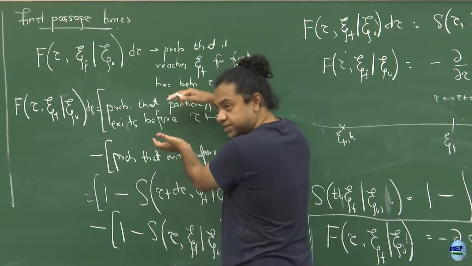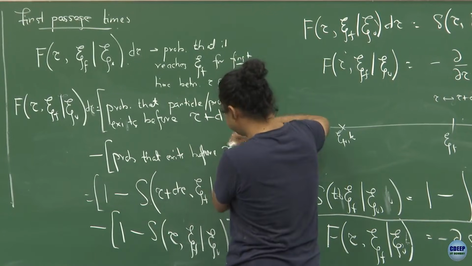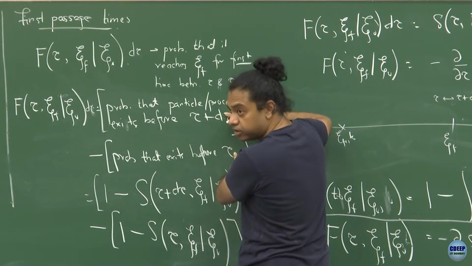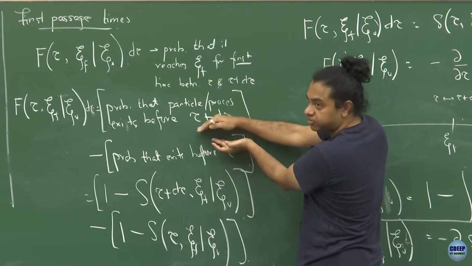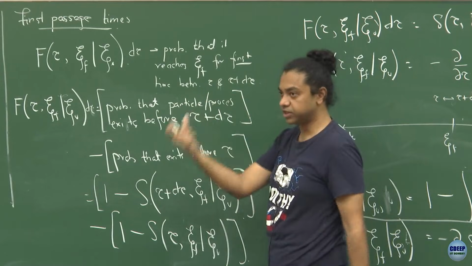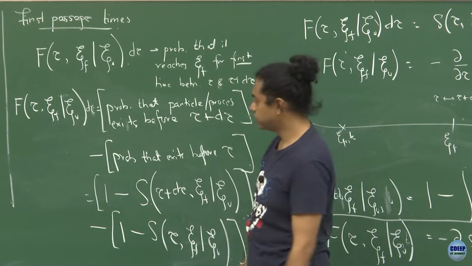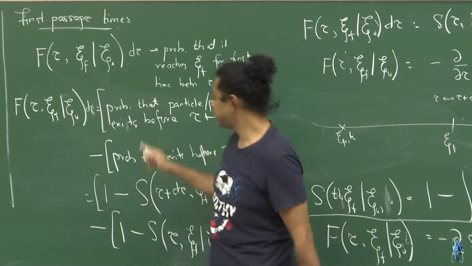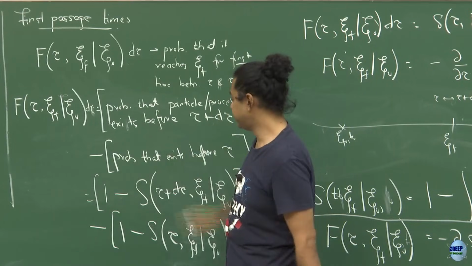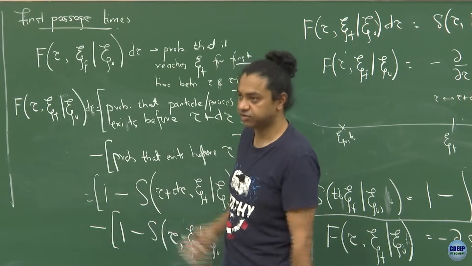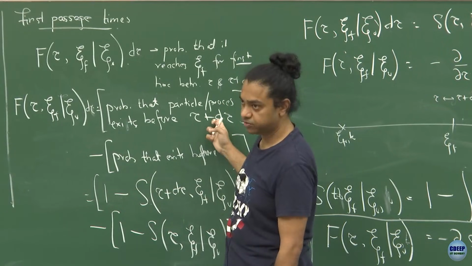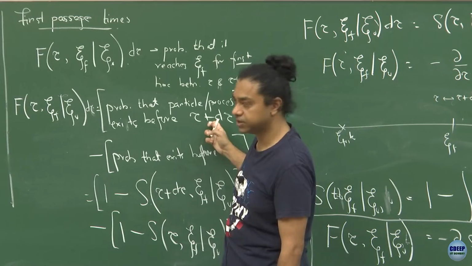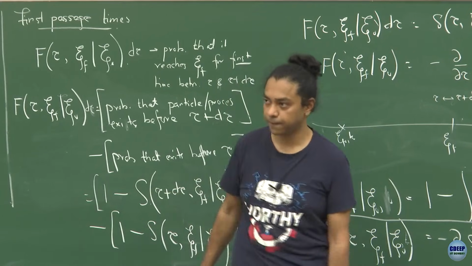Then whatever is this difference, it must have exited between these two time intervals. So here is the probability it exited before this, here is the probability it exited before this. I subtract these two, then it must have exited within that time interval, tau to tau plus d tau. So I just write this in this form, but then I can identify these with 1 minus the survivals essentially, because survival is that it has not exited up to this time. So therefore, the probability that it has exited by this time is 1 minus survival.